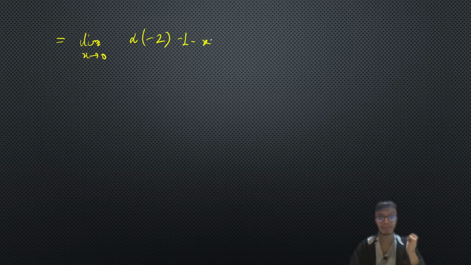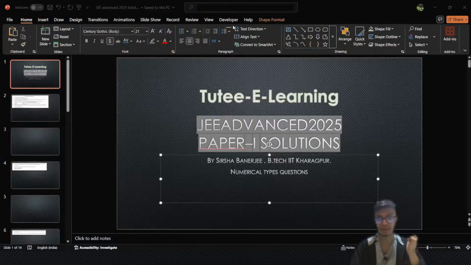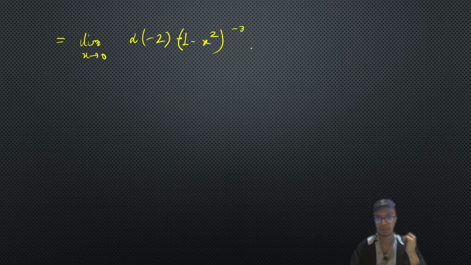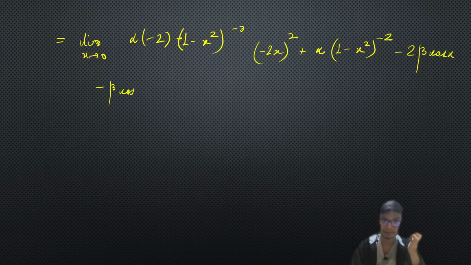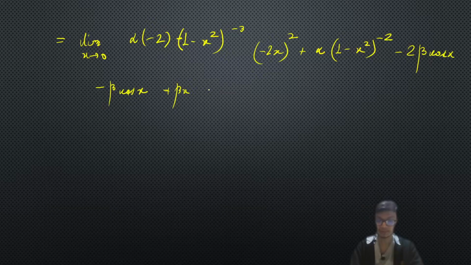So if I differentiate again, we will have alpha into minus 2, and then 1 minus x square whole to the power minus 3, multiplied with minus 2 whole square, plus alpha times 1 minus x square whole to the power minus 2, minus 2 beta cos x, minus beta cos x, and then plus beta x sin x.